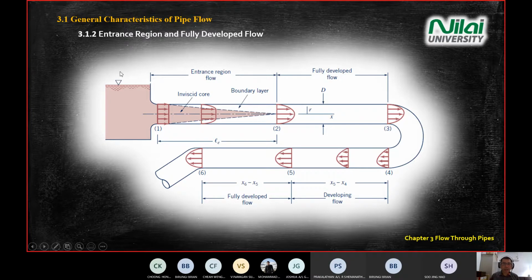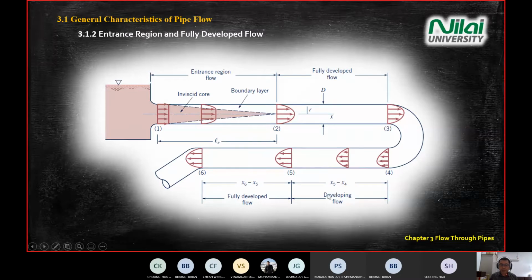So in a question, you always have an entrance region, and then you will pass through a stable stage. We call it fully developed flow. And then when it comes to a channel, a turn, or a change of direction of flow, then we have a developing flow. It means it will start to develop, start to change shape because of the rotation or because of the change of the angle.